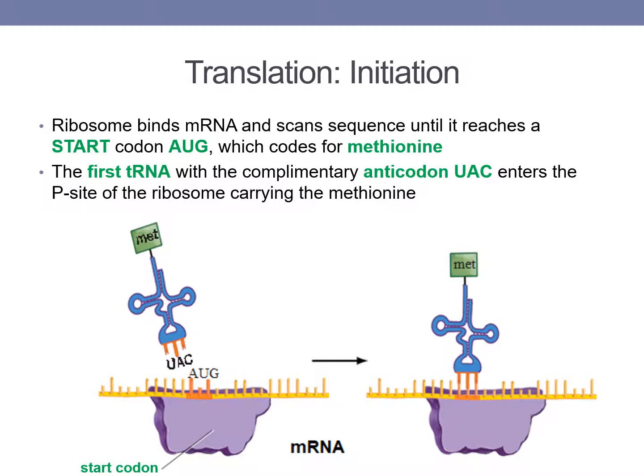So there's a region on the messenger RNA where the ribosome is going to bind, and then it's going to scan that sequence until it reaches a set of 3 nucleotides on the messenger RNA that consists of an A, a U, and a G. So once it gets to this codon, these 3 nucleotides, adenine, uracil, and guanine, that's where translation is actually going to begin.